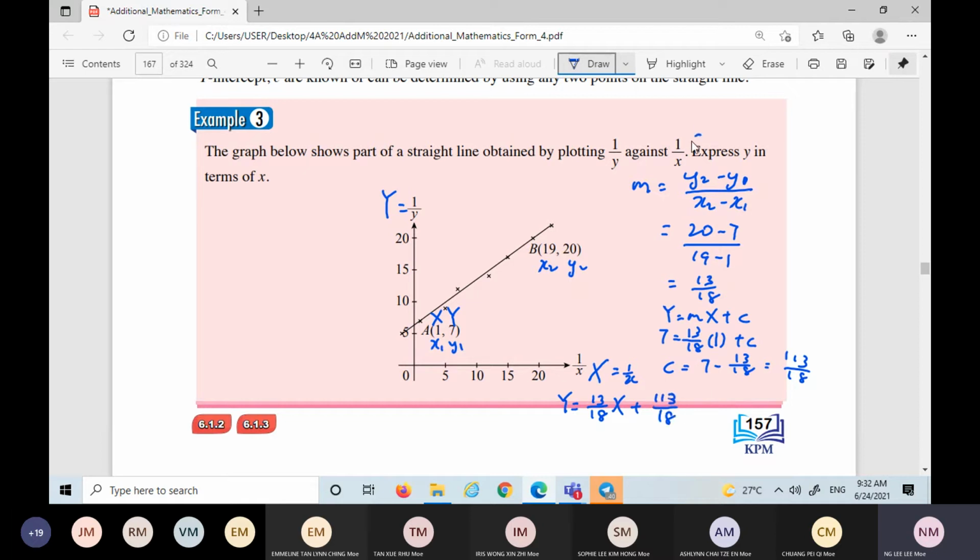But they want the small letter, they don't want the capital letter X and Y. So you replace the capital letter Y with 1 over y, and capital letter X with 1 over x, and 113 over 18. Y must be the title. They don't want 1 over y as the title.